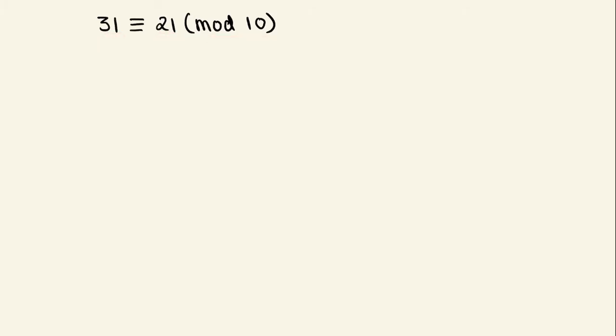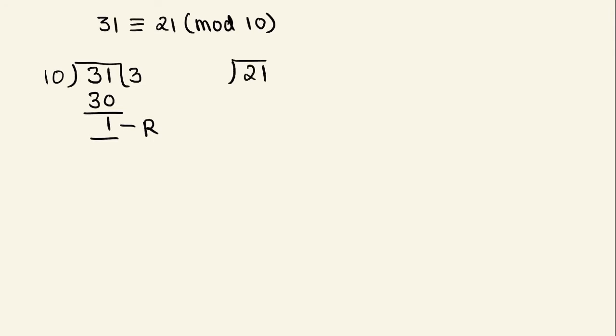If you divide 31 by 10, 10 into 3, you get 30 and 1 is the remainder. Again, if you divide 21 by 10, 10 into 2 is 20, you are left with 1, which is the remainder.